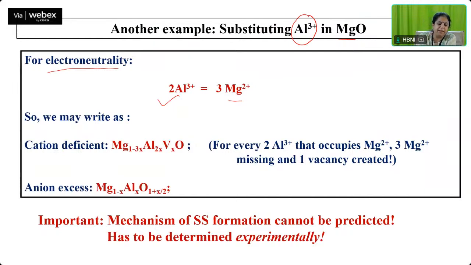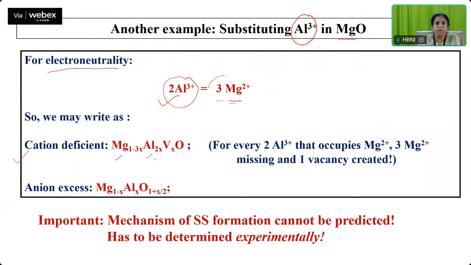So when we want to write cation deficient solid solution, what is happening is if I want to replace magnesium by aluminium, 2 aluminium going inside the lattice will have to take out 3 magnesium. Out of these 3, 2 will be occupied by the 2 aluminium that are going inside, and one site would be vacant, which we can write as V_Mg.